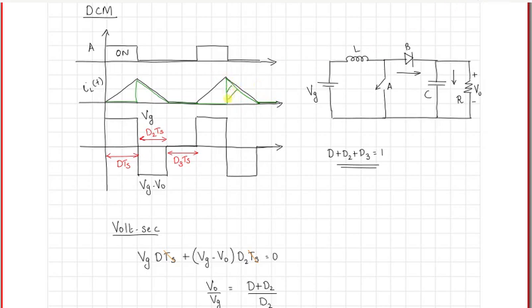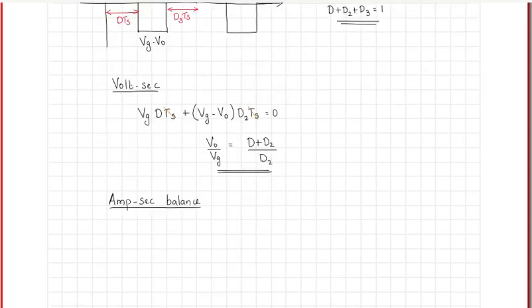And therefore, to calculate the average value of this diode current, the area that you need to look at is this shaded area, right?